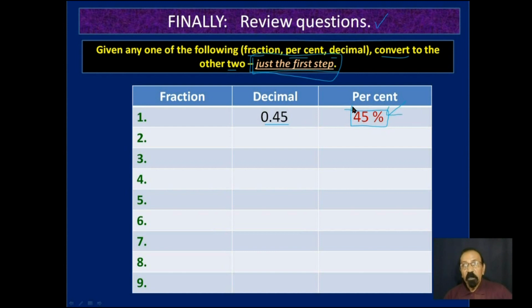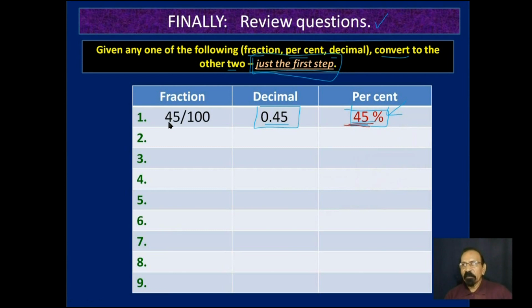Now we can convert that decimal to a fraction, but it is better to take the original information, because if you made a mistake here and then you take that and convert it to a fraction, you will make a mistake there too. So let's stick with the original data. We are going from 45% to a fraction. Now remember we said we will divide by 100 too, but this time we will keep it in fraction format.